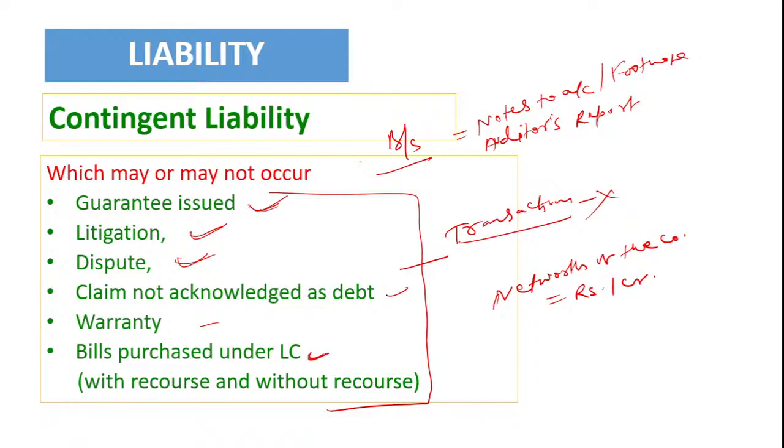And in the footnote, you find that the company has issued a guarantee to its subsidiary, in favor of SBI, for rupees 2 crore. Now friends, you see here how important it is to understand contingent liability.